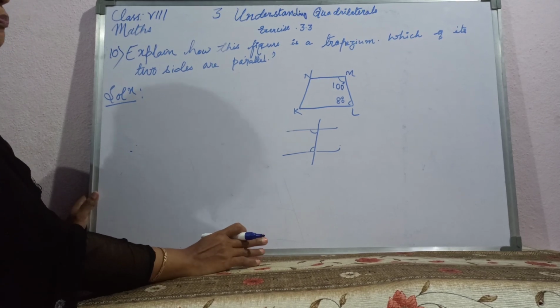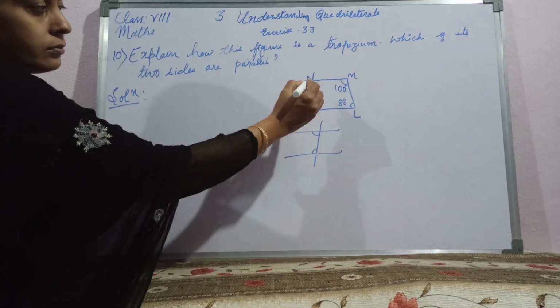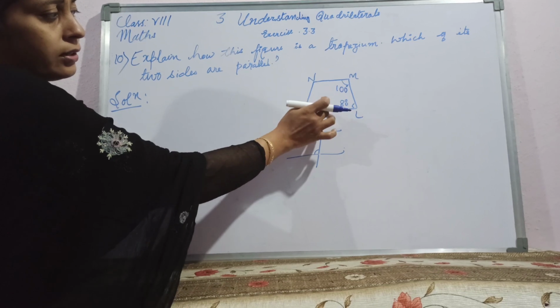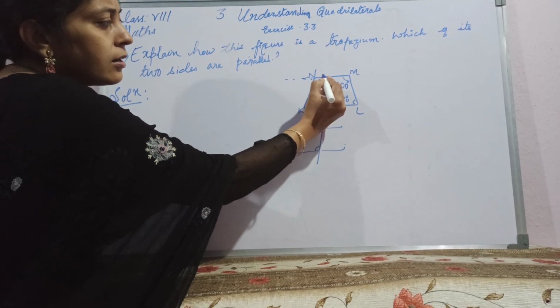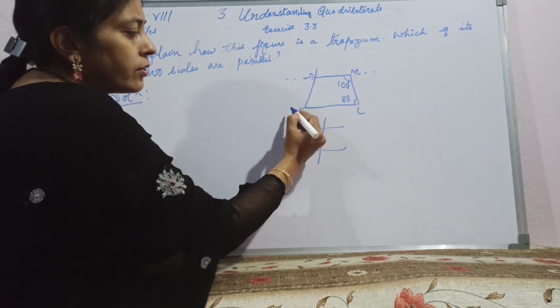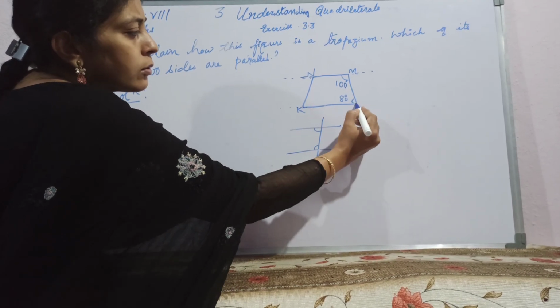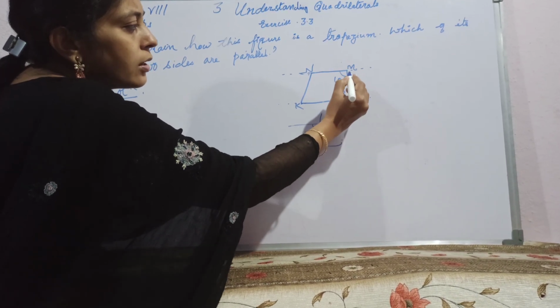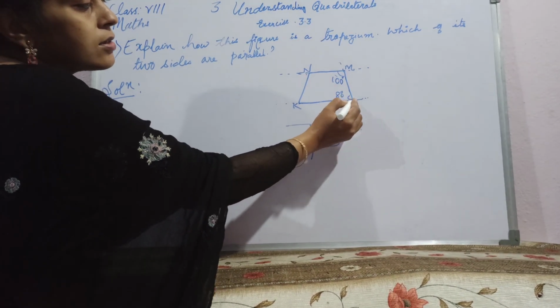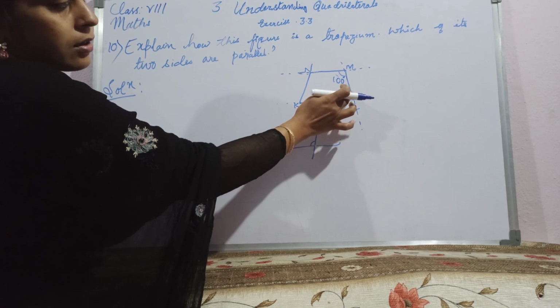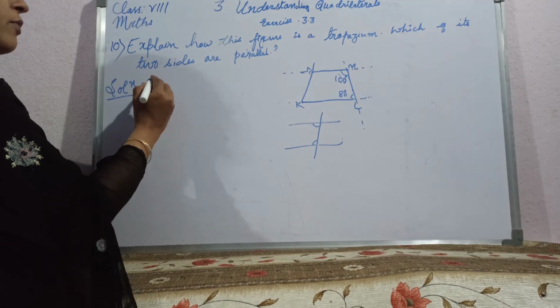Let us find out. You can see these are the two lines given, and if I extend this line and this also, and think of this as a transversal, then these two angles are given to us. Let us see what they form.